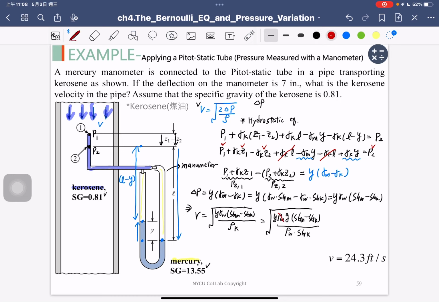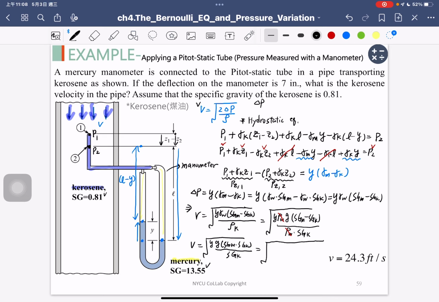So I can cancel out the same parameter, rho w. Finally, the velocity inside the tank, the kerosene velocity, will equal the root of y g times SGm minus SGk, divided by SGk. So we can put all the parameters inside the equation.